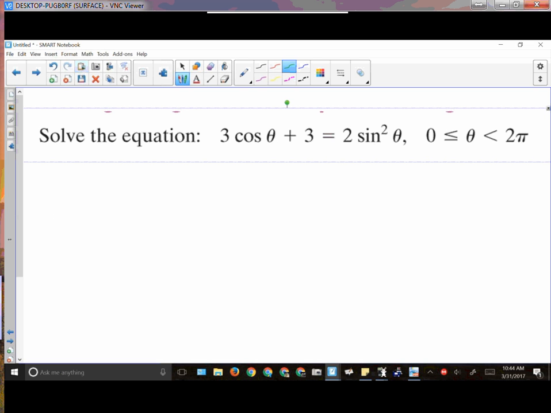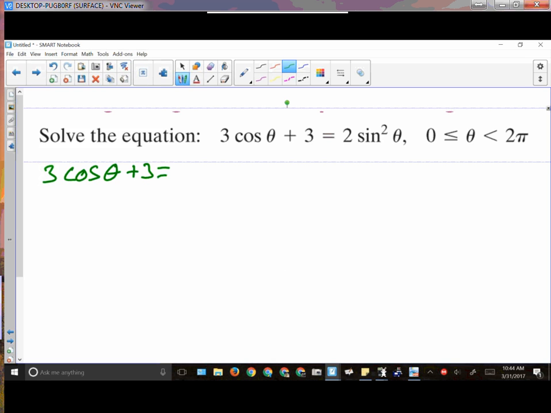So, okay, this is just looking flat out ugly, is it not? One of the things that we always want to do is make sure that it's written in one variable. I got cosine, I got sine here, so have no fear. Identities are here.